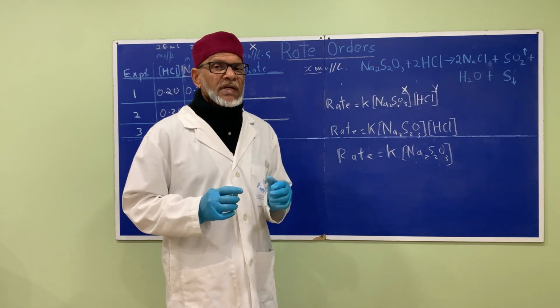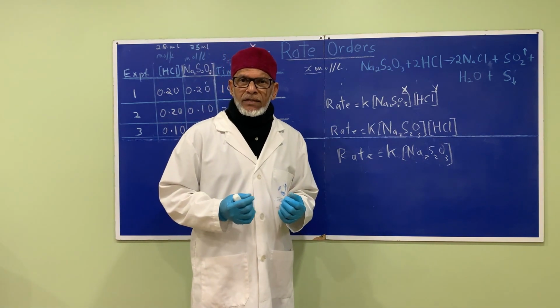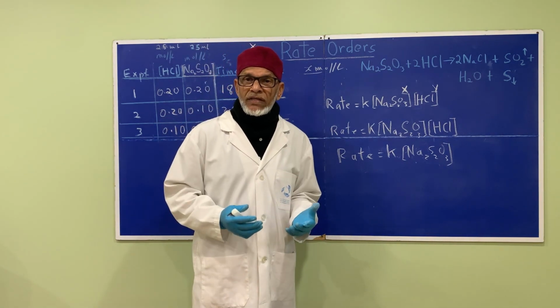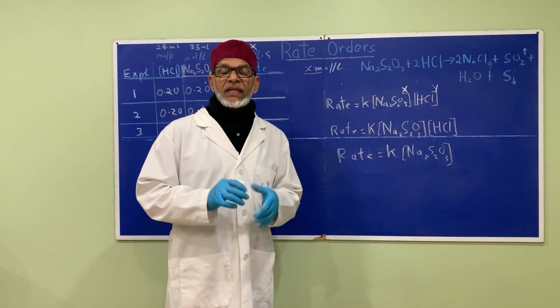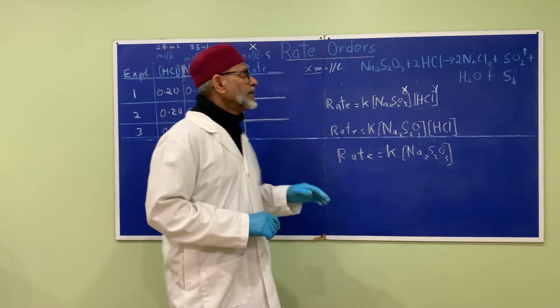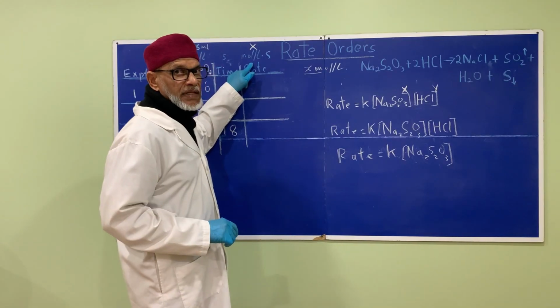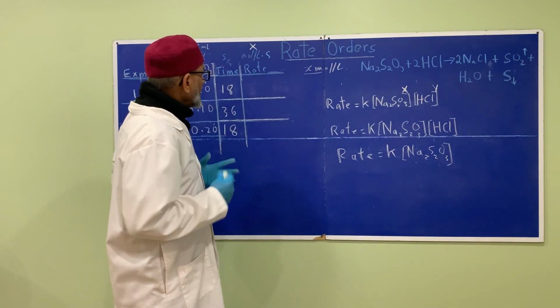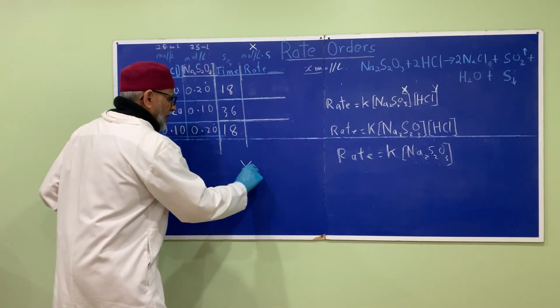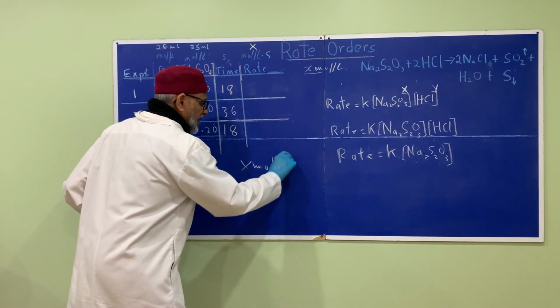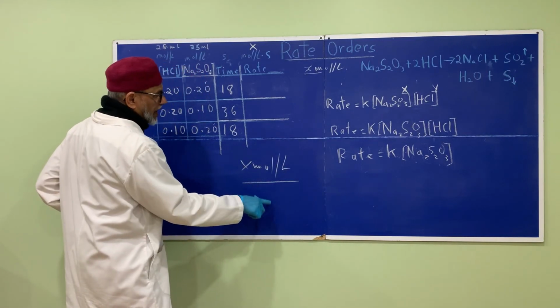We do not have the technology to measure the concentration of that sulfur, but we can assign an arbitrary value to that. We will say that there was X moles per liter in every case. So we can now go ahead and find the rate by taking X moles per liter in every case and divide it by the time in every specific instance.